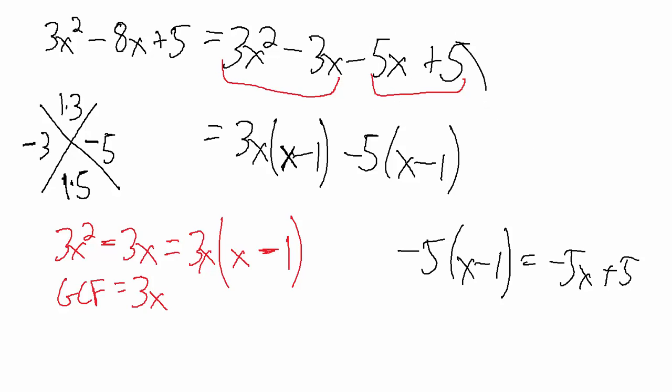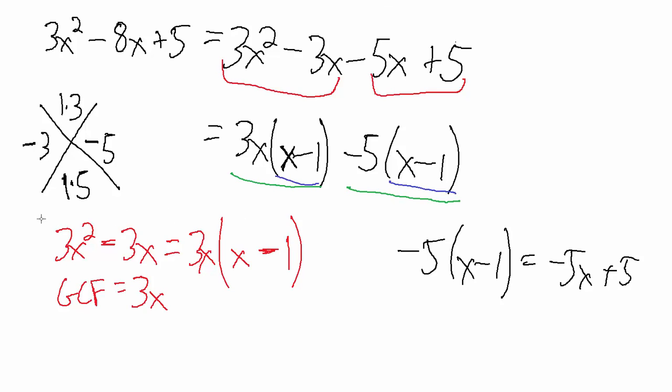So if we factor out that negative 5, we're going to have the x minus 1 left over, which is exactly what we want. Now, the last step in factoring by grouping is we have one term here and one term here, and these terms have a factor in common, and that factor is x minus 1. So let's pull out that common factor.